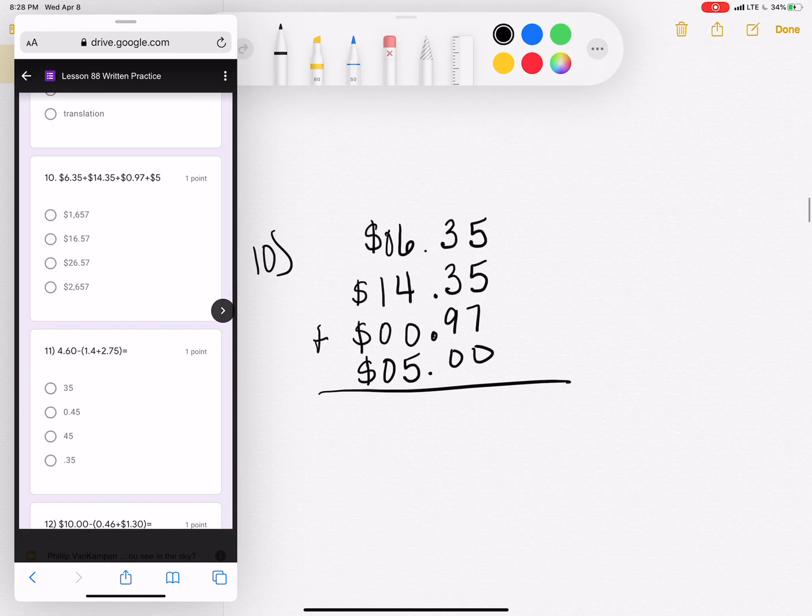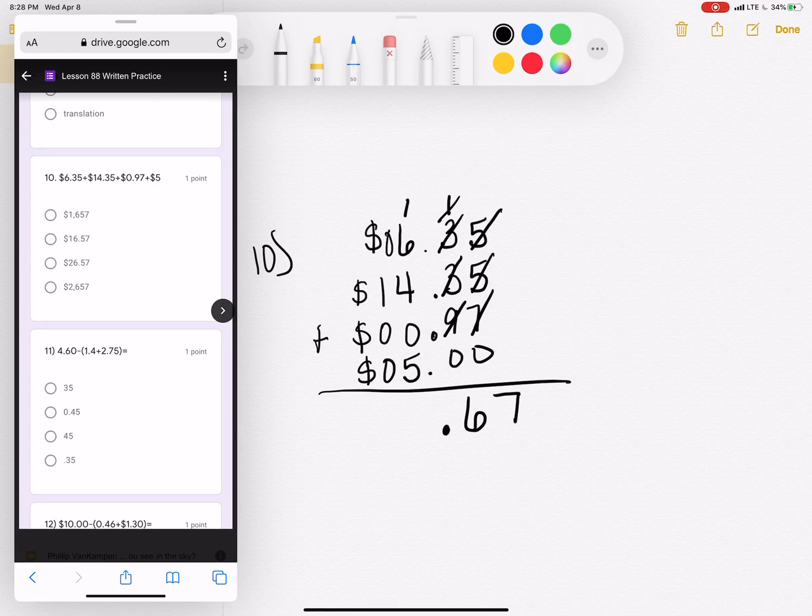10. I've already lined these up to get ready to add. Most important thing here is lining it up neatly. I wish I would have done a better job. And remembering your decimal. So here we go. 5 and 5 is 10, plus 7, 17. 3 and 1 is 4, plus 3 is 7, plus 9 is 16.